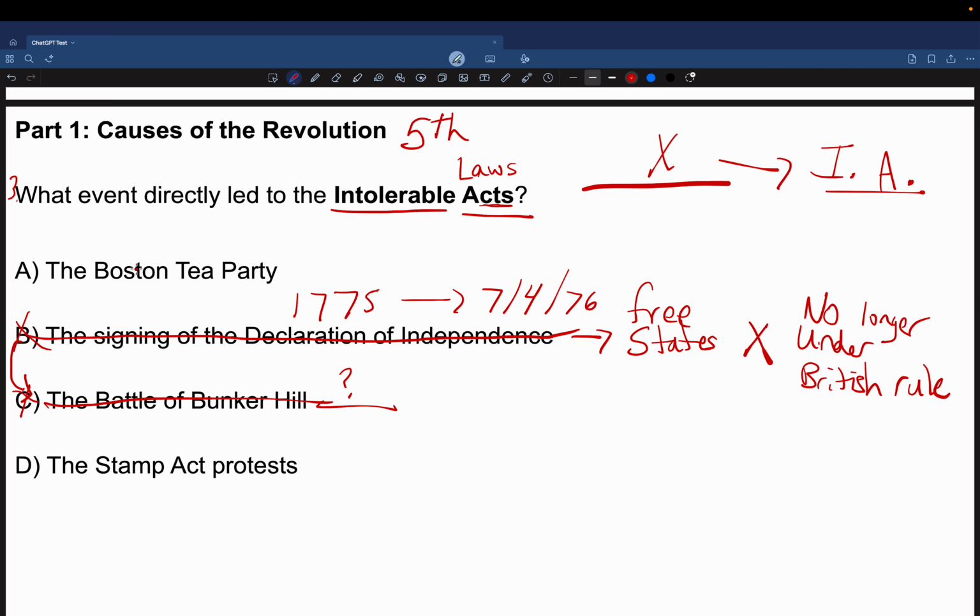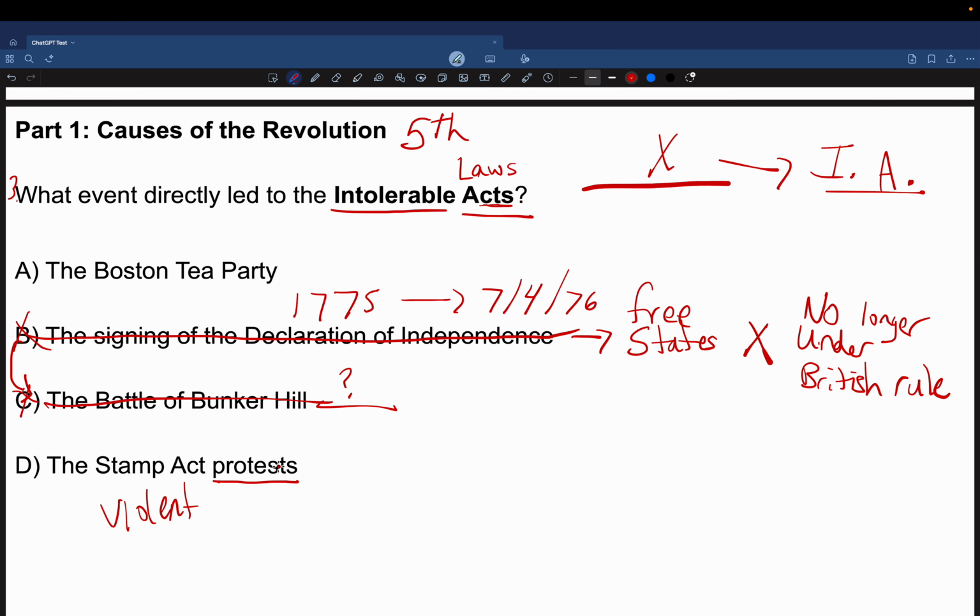Okay, the Stamp Act protest and the Boston Tea Party. Now I could see why the laws were passed after the protest. Perhaps they became violent. Perhaps they harassed tax collectors. Perhaps they showed just general defiance, which is all true. But we also have the Boston Tea Party. Now, what was more likely considered an act of aggression by Britain? Protests, which again can be constitutional.